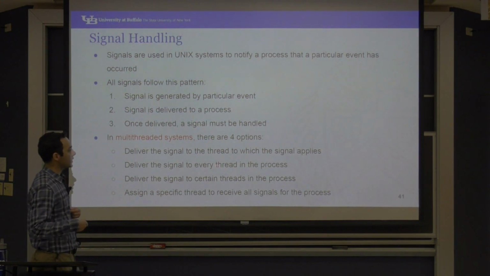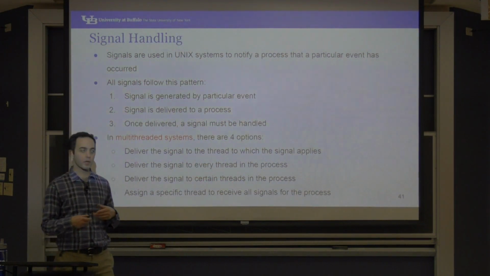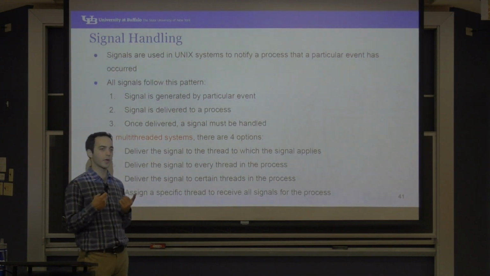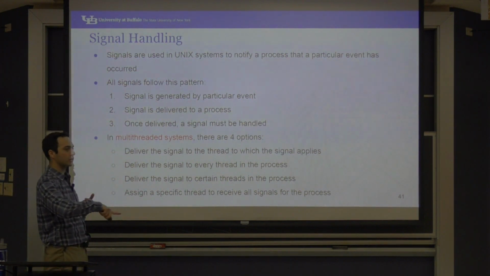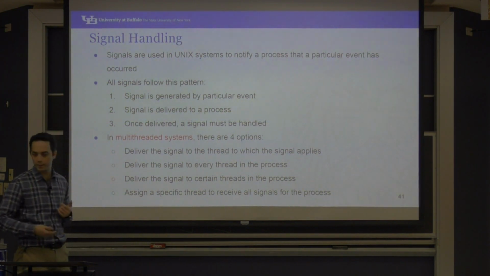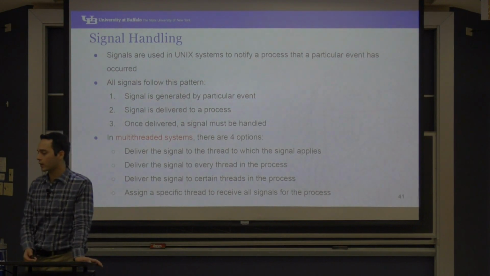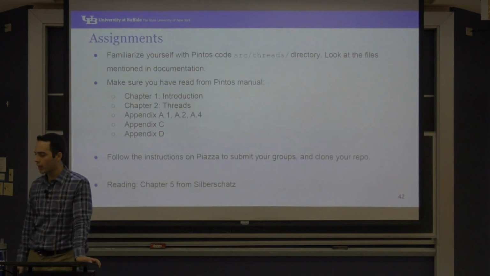Or you might want to send it to all the threads, but some of the threads might block some kinds of signals so that they don't get or handle them. In that case, the operating system checks which threads are not blocking those signals and hands them to those. So this is the difference between multi-threaded signal handling and single-thread signal handling.